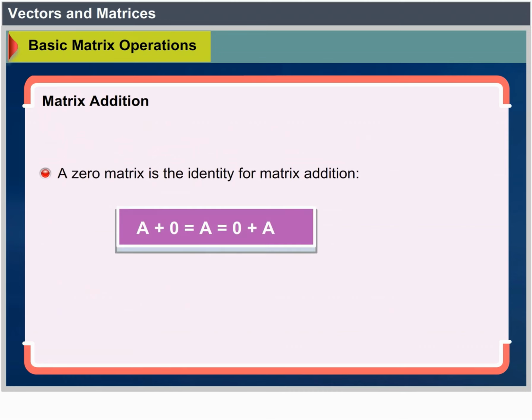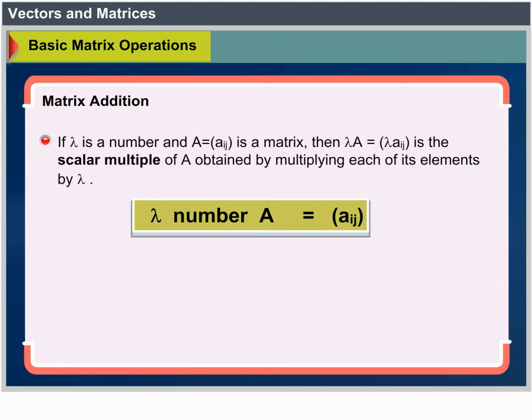If lambda is a number and A equal to Aij is a matrix, then lambda A equal to lambda Aij is the scalar multiple of A obtained by multiplying each of its elements by lambda.